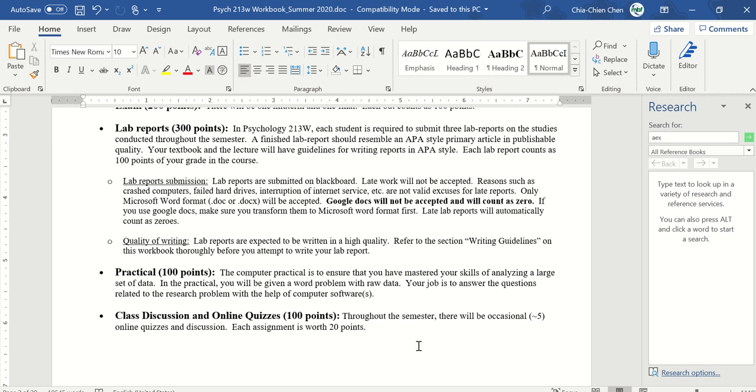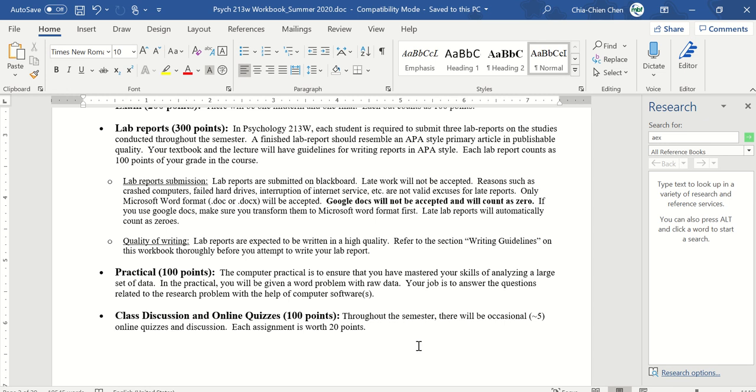In the practical, you'll be given a word problem with raw data, and your job is to answer the questions related to the research problem with the help of computer software. If you remember the Excel and also the SPSS that you had to do in statistics lab, yes, they're coming back, and with a vengeance. So you're going to be using a lot of them in this class.